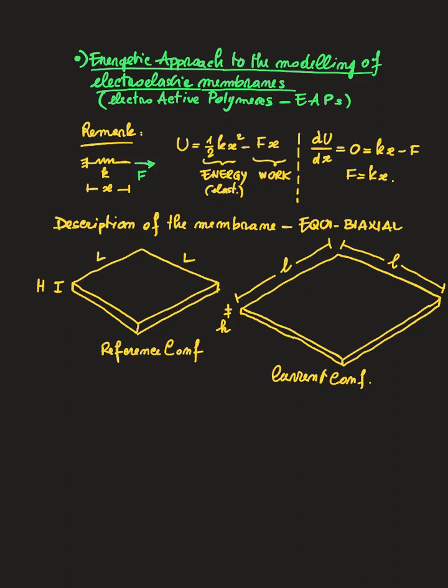It won't be a very detailed proof, but let me say that, for example, I decide that this is direction 1, this is direction 2, and the perpendicular is direction 3. So this is 1, 2 and 3. Also, of course, in this configuration, this is 1, this is 2, and this is 3.